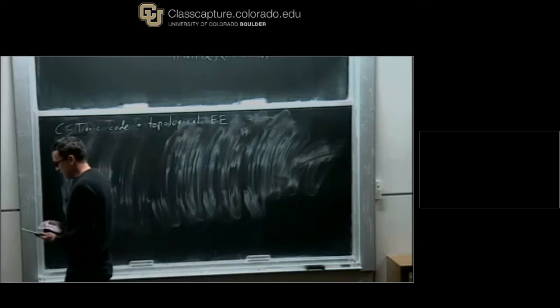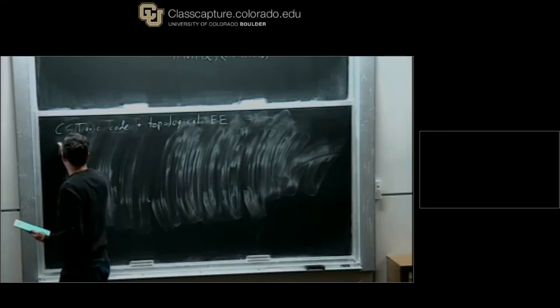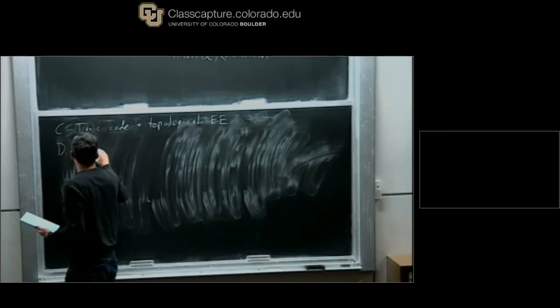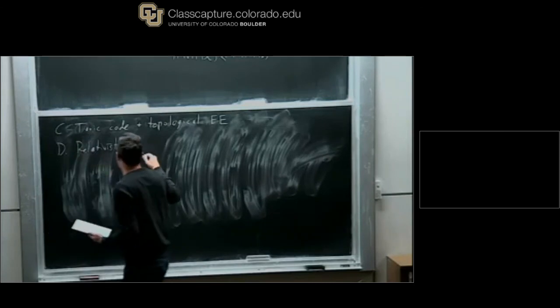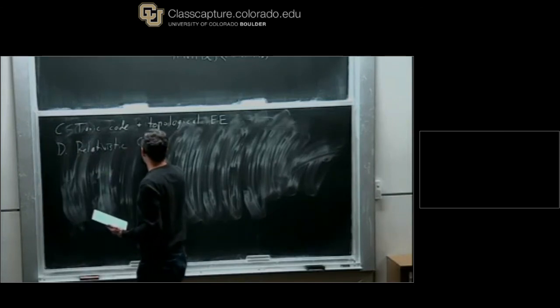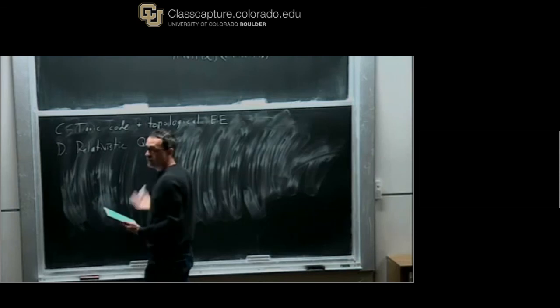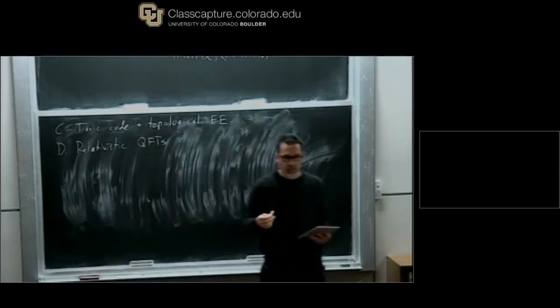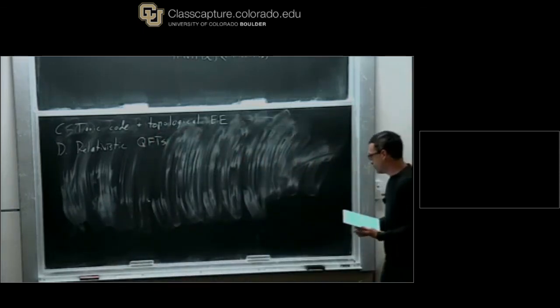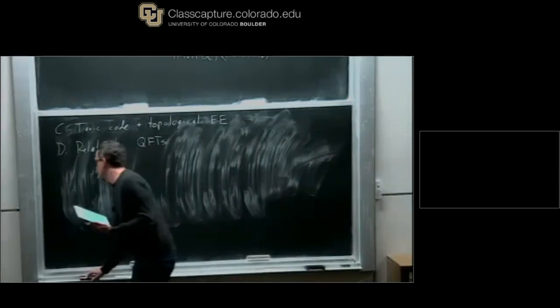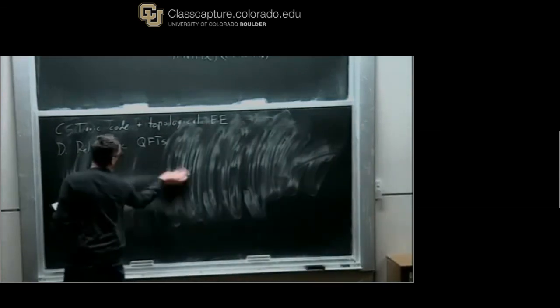And unfortunately, I decided to skip it, because I'm just not going to get to the holographic stuff. It's in the notes, which will be posted. I mean, it's really very instructive and lovely. Okay.